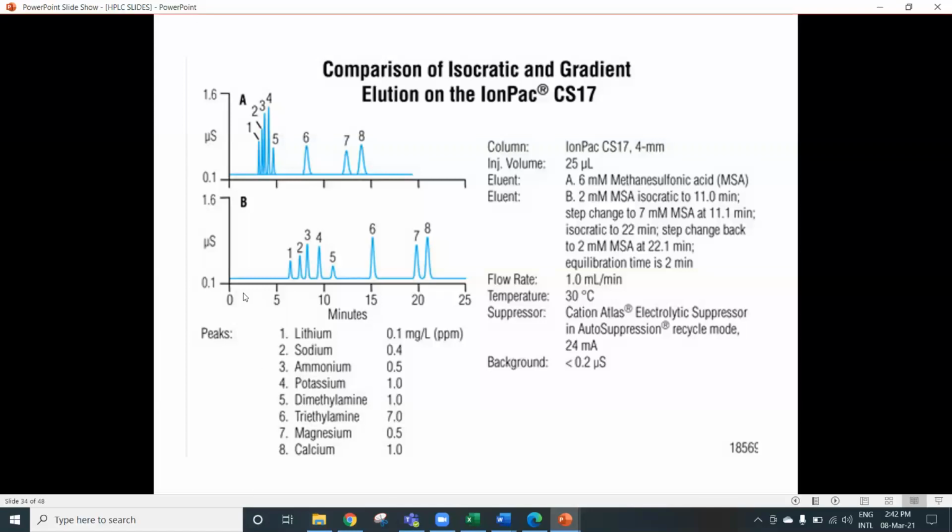If you look at the bottom chromatogram, this is the gradient elution, whereby the 8 components are separated very well, depending on their composition, whereas the top chromatogram is an isocratic one, and you can see all of them coming out at about the same time.